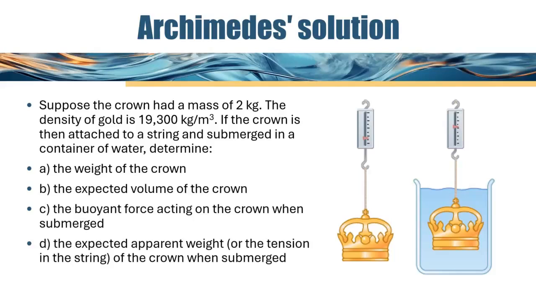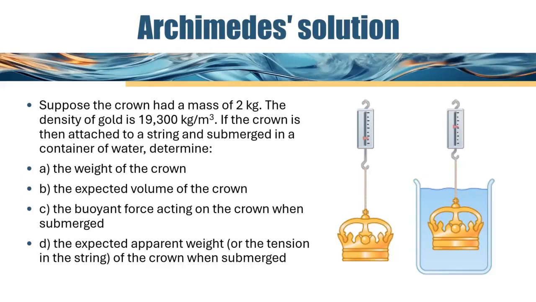So if we make the assumption that the crown is 100% gold, and we predict the apparent weight when it's dipped in water, and that is the apparent weight, then we know it has to be pure gold. But if we assume it's pure gold and we do not get this apparent weight, then we know that other metal must have been mixed with the gold.